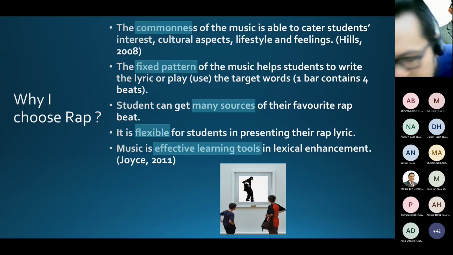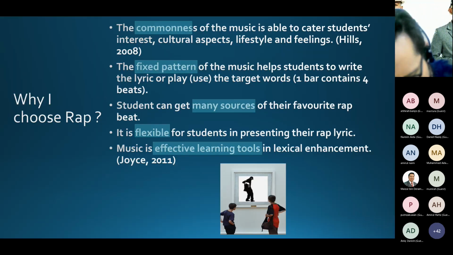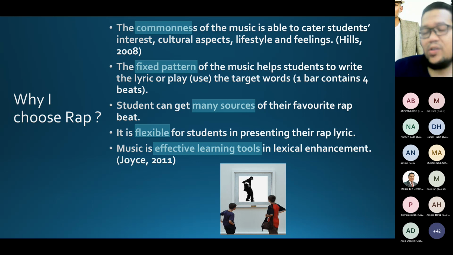Okay, why I choose this genre as your language project? Because rap sometimes seems like rock. Many people perceive it as a negative element, because when we talk about rap, people always relate this genre with people who take marijuana.